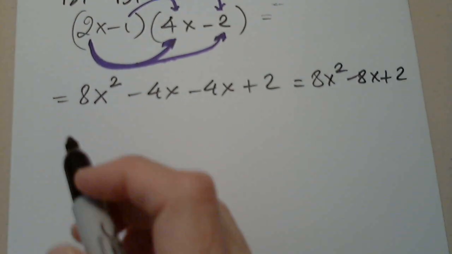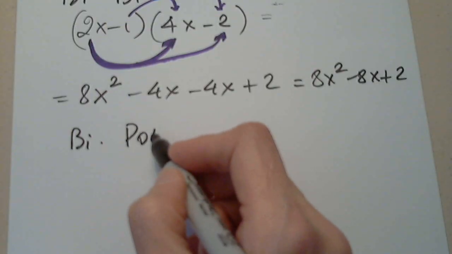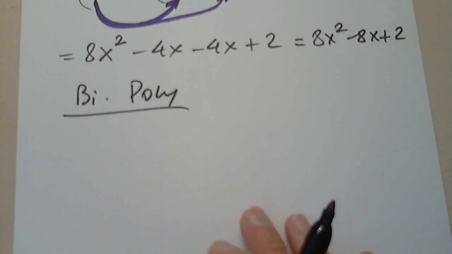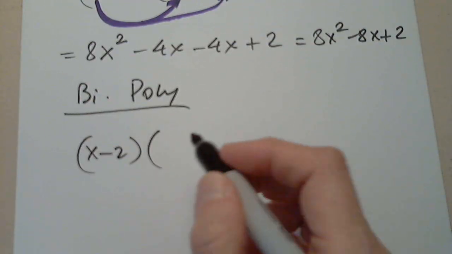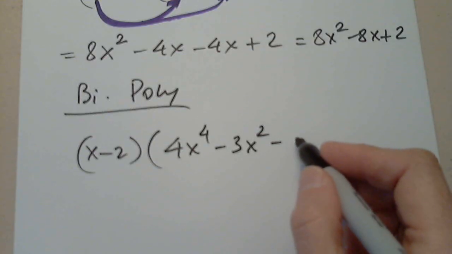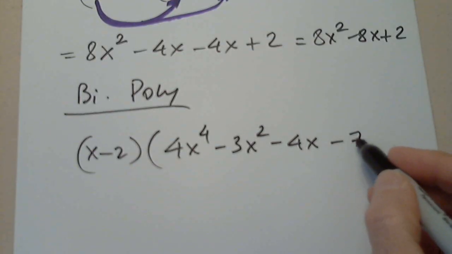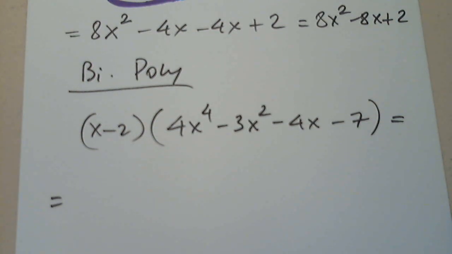How do I multiply a binomial times a polynomial? Let's say x minus 2 multiplied by 4x to the fourth minus 3x squared minus 4x minus 7. Of course, I'm going to start from the left.